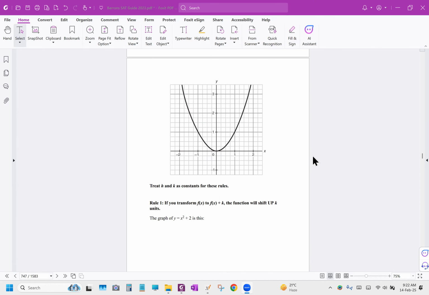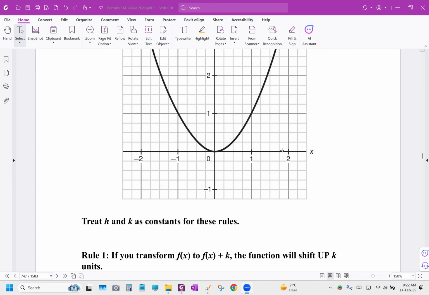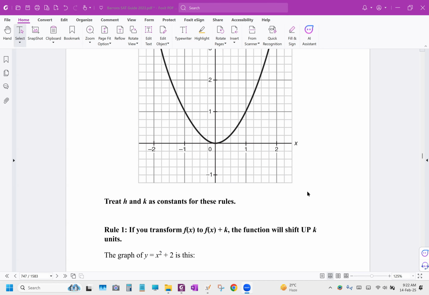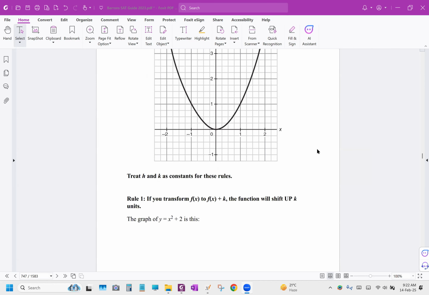Function transformation means you need to make some changes to the equation, maybe a parabola or some other geometrical equations, and then tell what would happen.